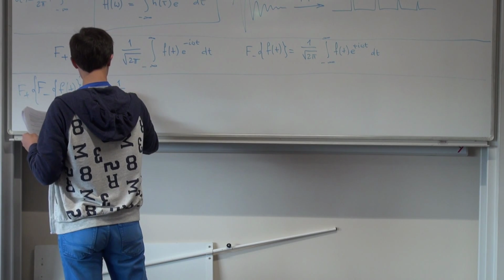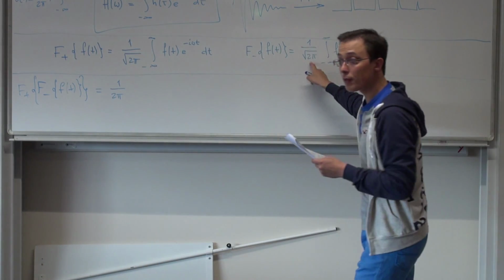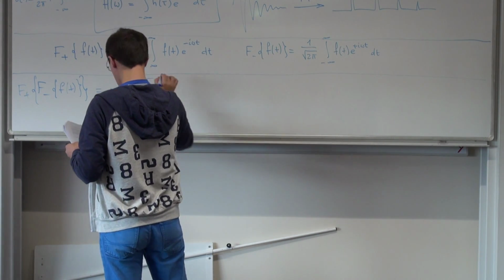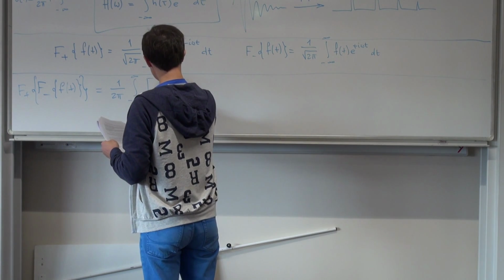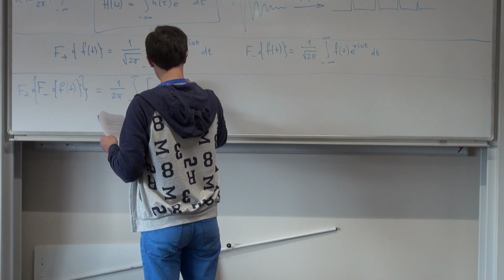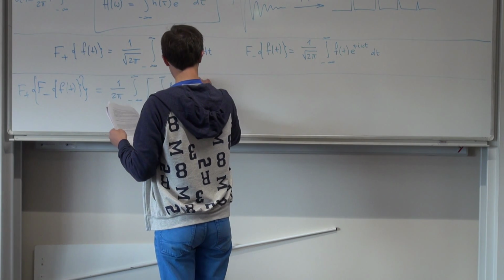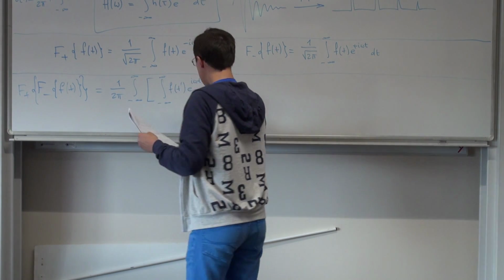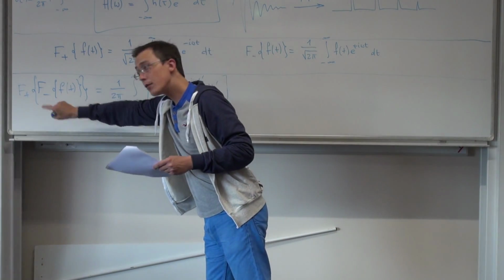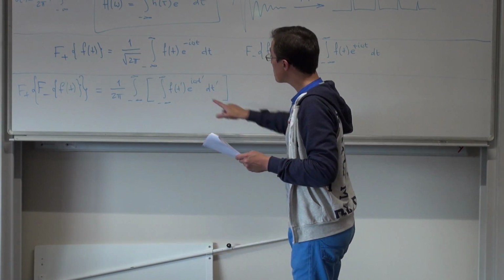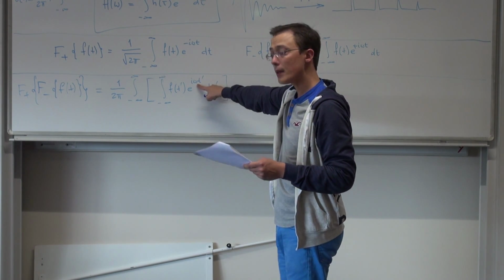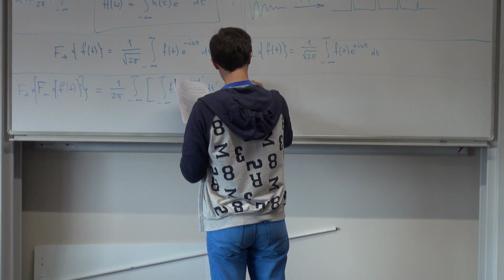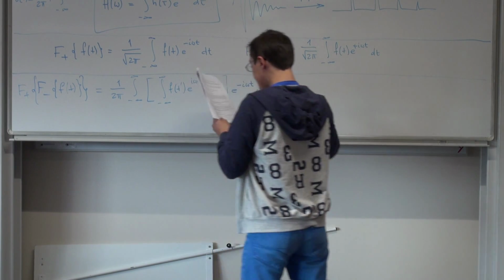So 1 over 2 pi, so I have collected a pair of these roots in front, integral minus infinity to infinity of another integral minus infinity to infinity f of t prime e to the i omega t prime dt prime. So that is the inner inverse Fourier transform. The resulting function would be the function of omega, so the forward transform has to operate on omega. So what we will have is e to the minus i omega t, d omega.